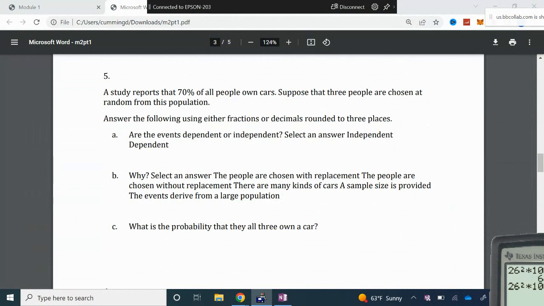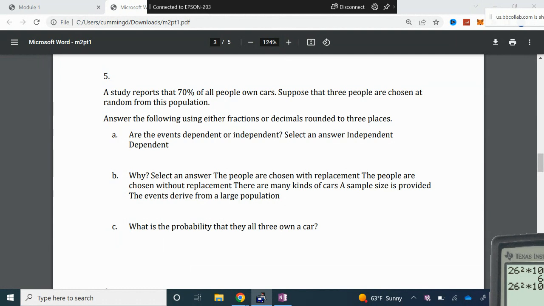So the statistic is that 70% of all people own cars. If you were to randomly choose 3 people, they want us to answer the following questions. A: Are the events dependent or independent? B asks for why. C asks for the probability that all 3 own cars.